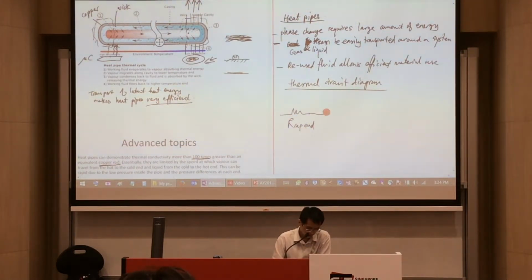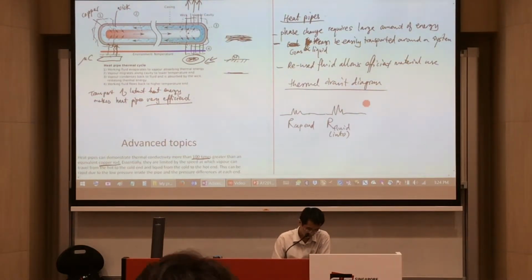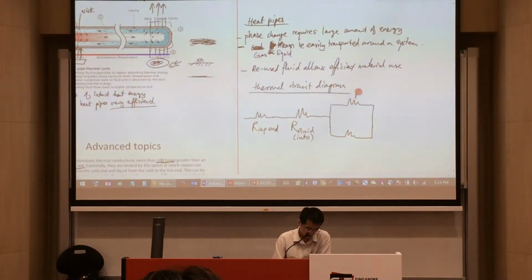And it is followed by another thermal resistance, R fluid, for the fluid that's entering into this cavity over here. As it enters, you're going to have two thermal resistances in parallel. What are the two? This one here will be a thermal resistance for the tube side walls.